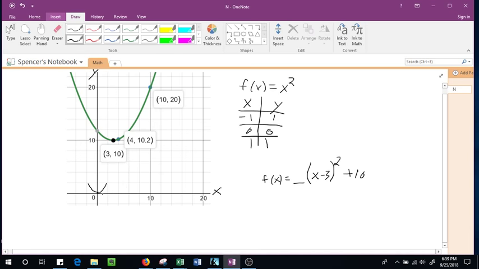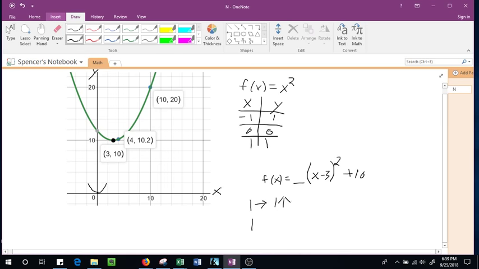If we're trying to find our a, we need to look at the same distance traveled in our parent function horizontally. So if we travel over 1 in our parent function, we travel 1 up.